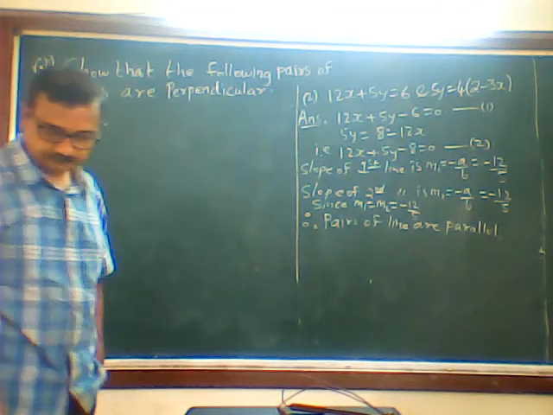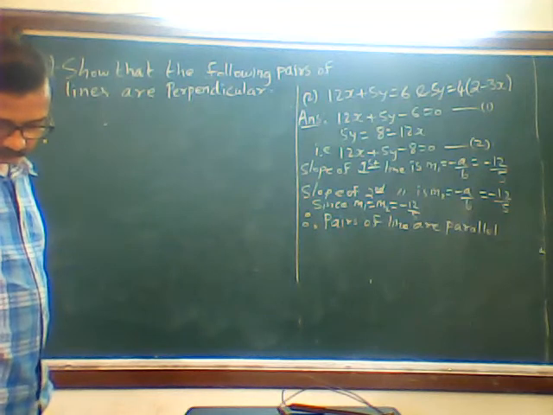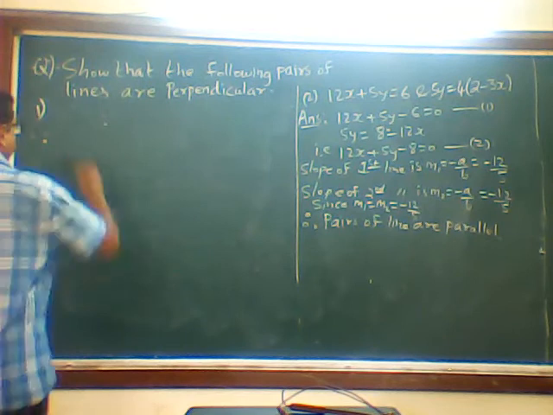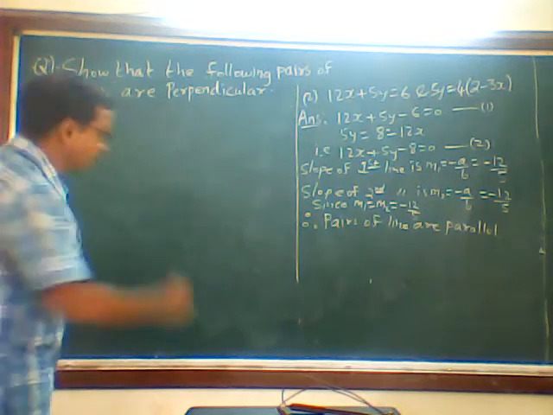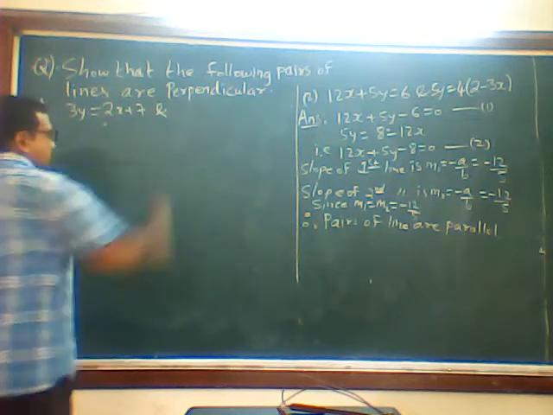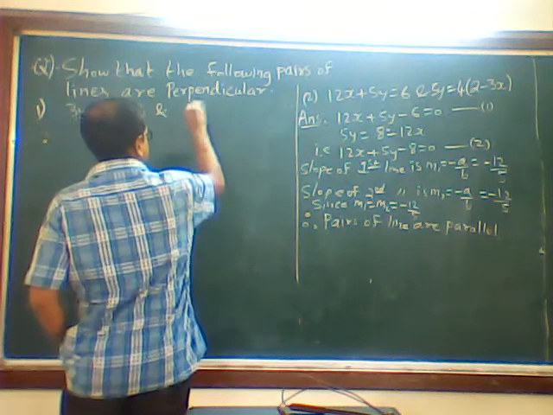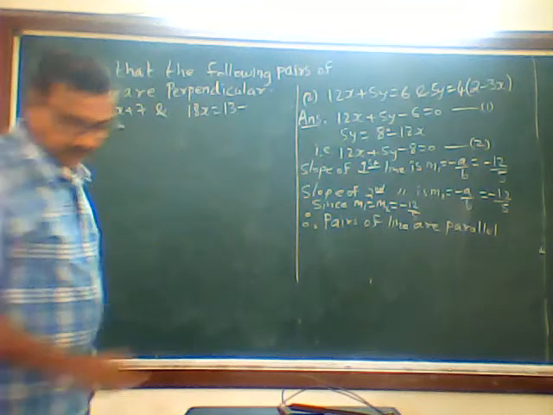First one: 3y is equal to 2x plus 7, and 18x is equal to 13 minus 12y.